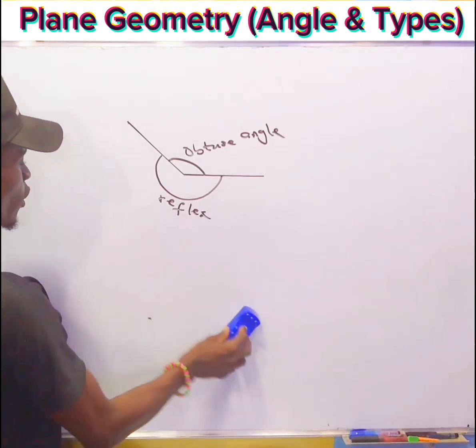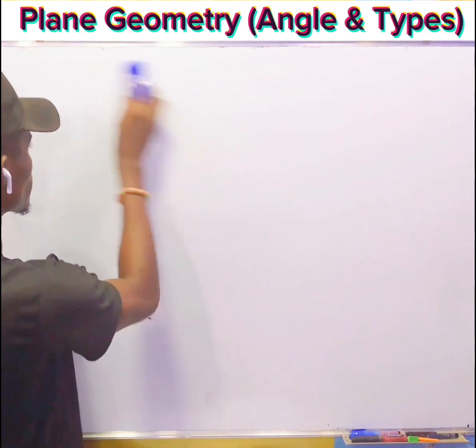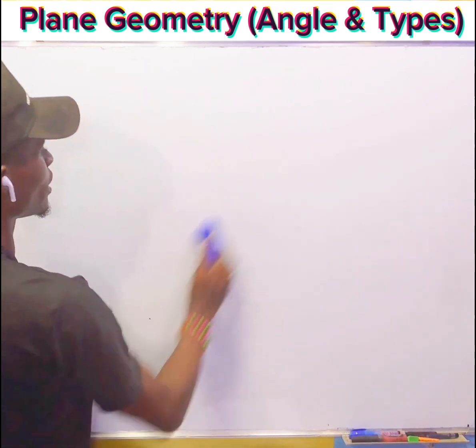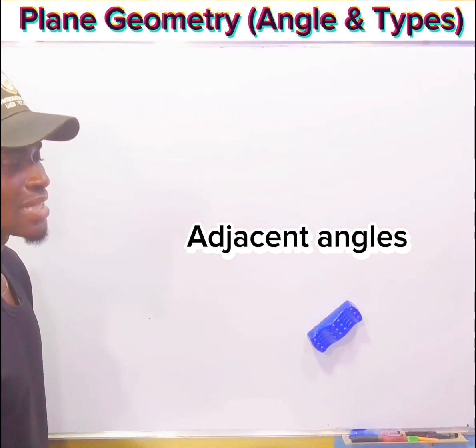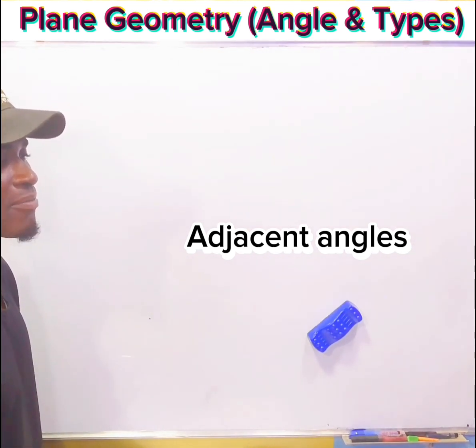Now we have also adjacent angles. What are adjacent angles? Adjacent angles are simply angles that share the same vertex.